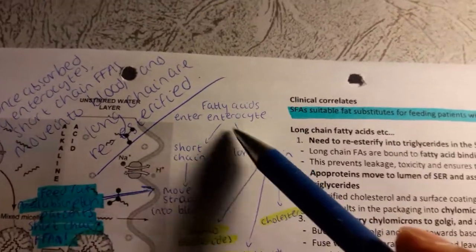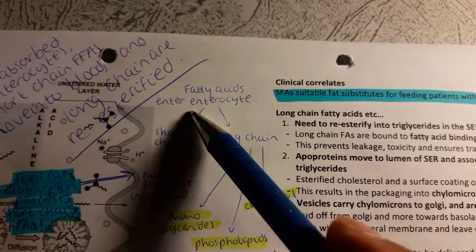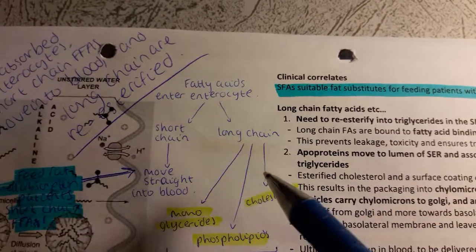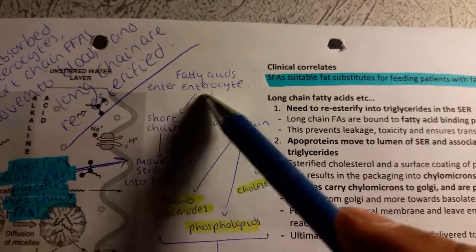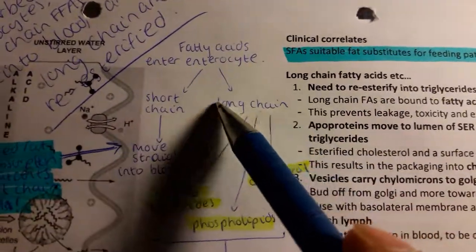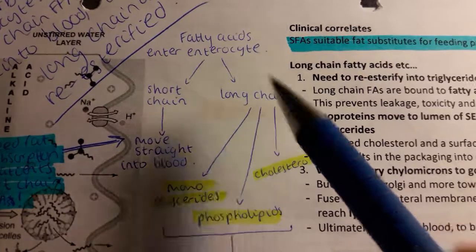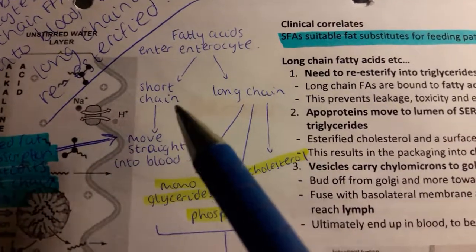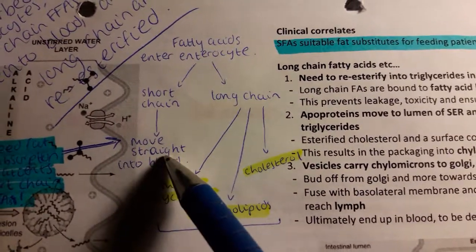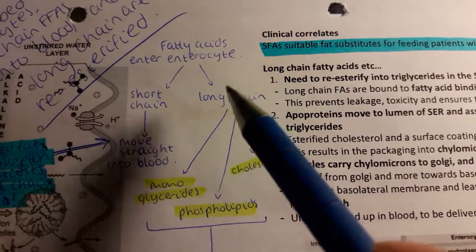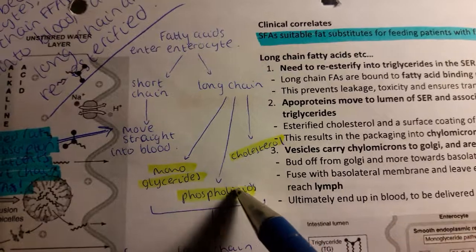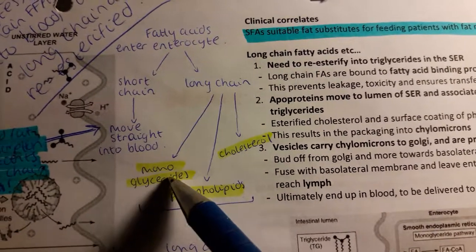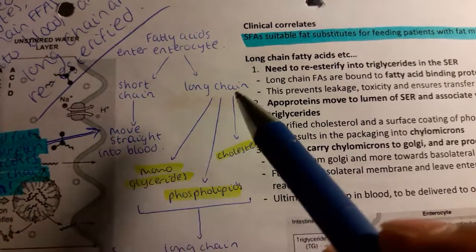Now, once the fatty acids have entered the enterocyte, you're left with either short-chain fatty acids in the intestinal cell or long-chain fatty acids. The short-chain fatty acids move straight into the blood, whereas the long-chain fatty acids, including cholesterol, phospholipids, and monoglycerides, are re-esterified in the intestinal cell.